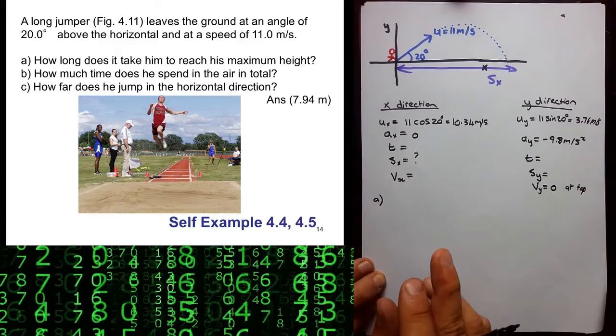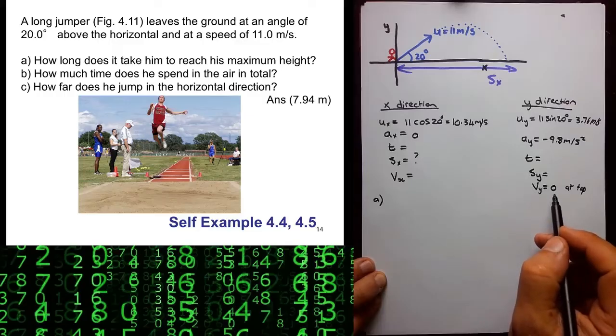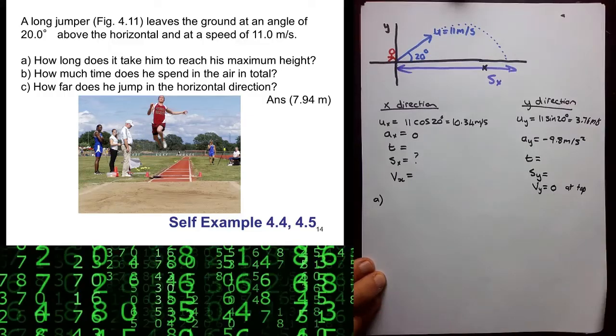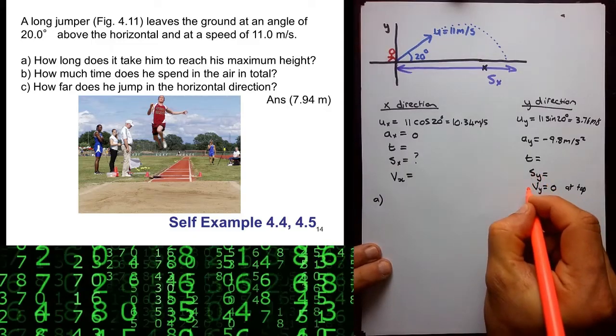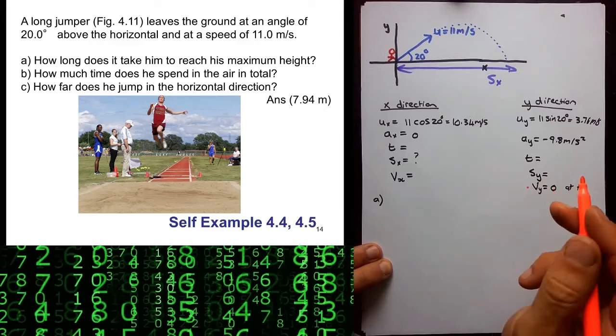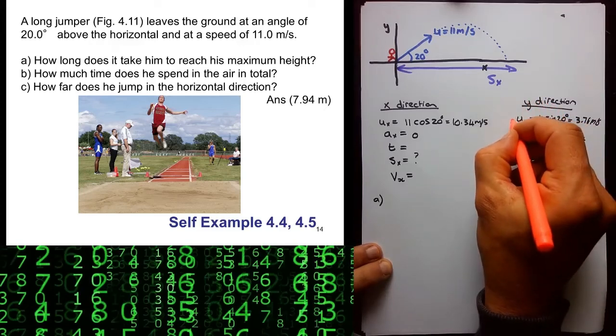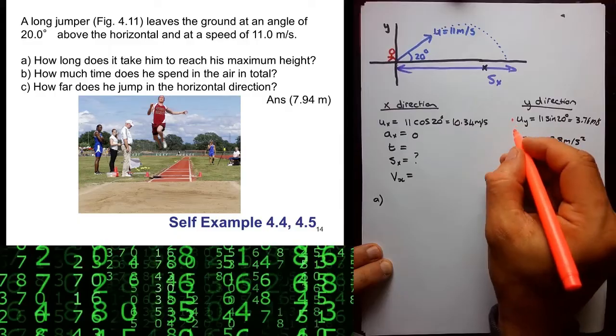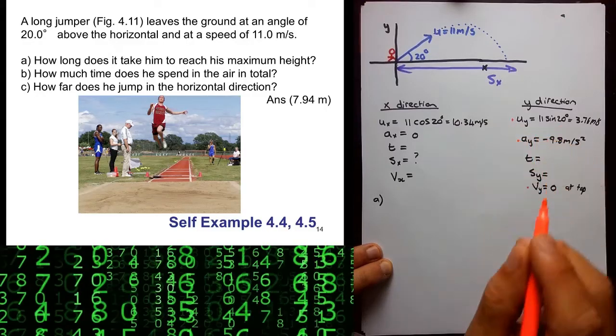For part A, we are asked how long it takes him to reach his maximum height. So at the maximum height, we know Vy is going to be 0. We also know Uy and we know Ay. So these are the quantities that we know.